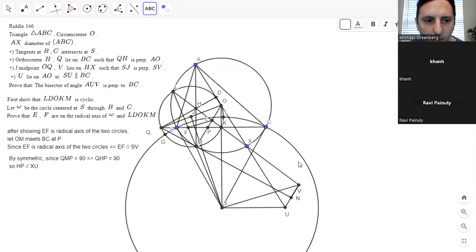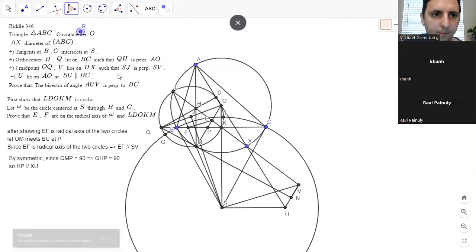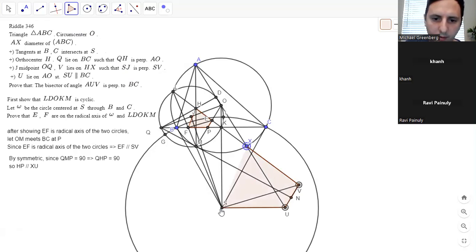There is actually a tool on GeoGebra that you can use to highlight the quadrilateral. Can you just highlight HEPF, and also XVUS. So we could show a homothety at L takes those one to the other.